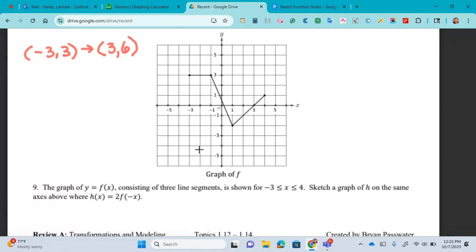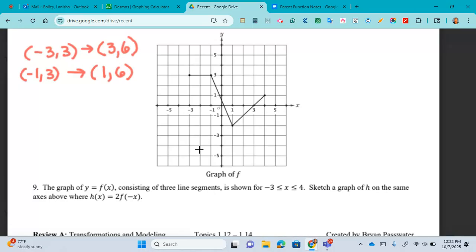If I get another point, negative 1, 3: 1 because my x has turned to its opposite, and 6 because my 3 is multiplied by a factor of 2.